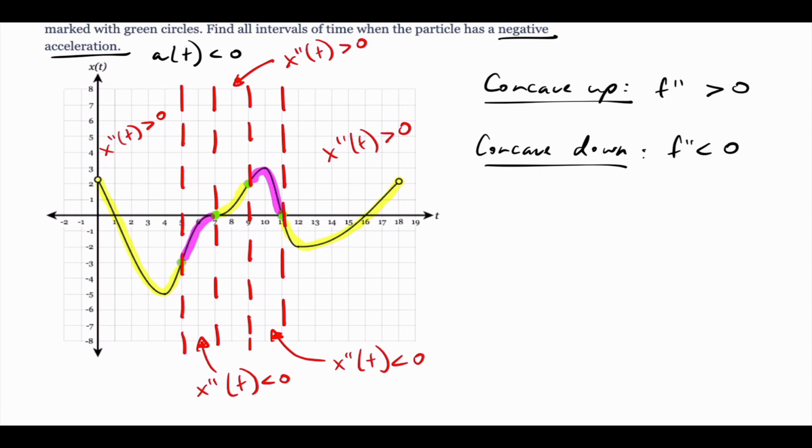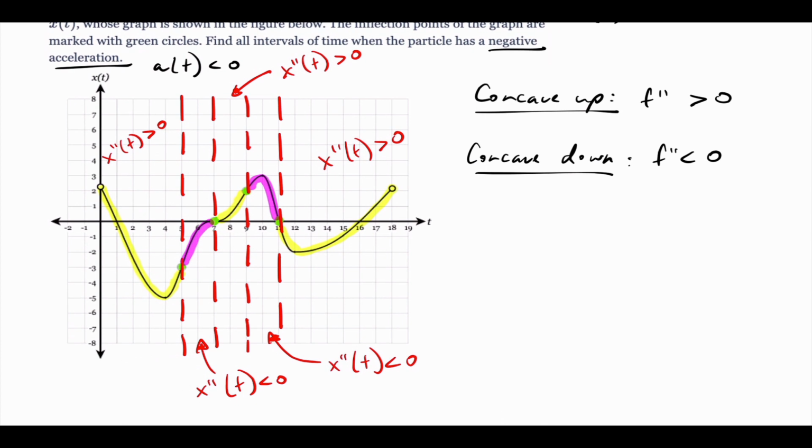We have 1, 2, 3, 4, 5 different sections. So we change 1, 2, 3, 4 times. There's 4 changes where we change in concavity. So we want where it's negative. Negative means concave down. So that's going to be 2 spots, right? That's going to be in the pink.